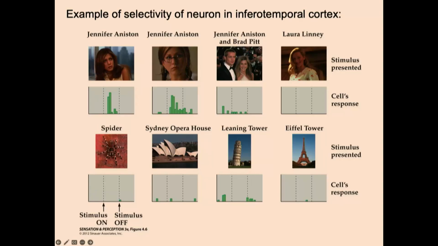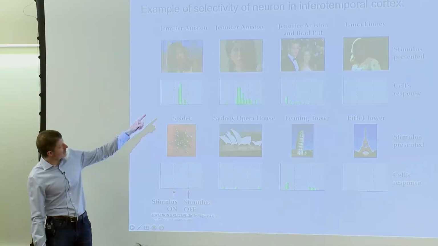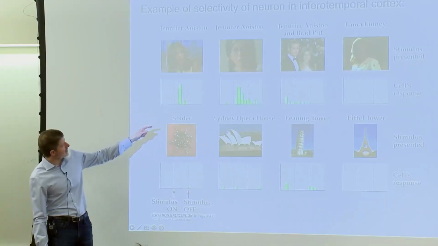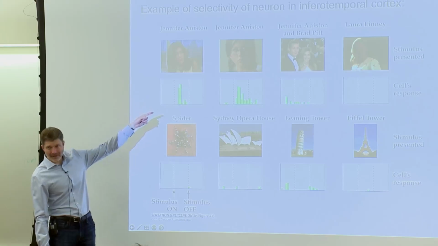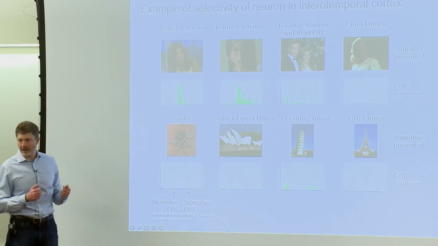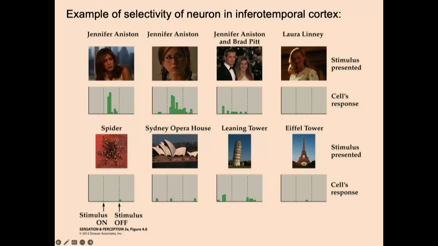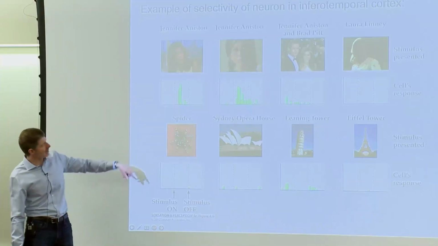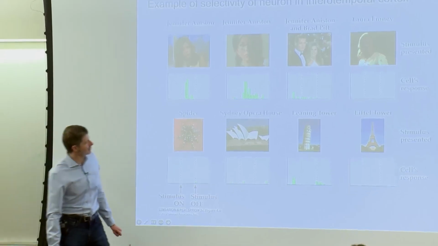You can see that there are these two different images of Jennifer Aniston. They both produce a pretty good sized response. This is non-trivial because if you look at the pixel intensities, they don't really have a whole lot in common, right? Even in abstract terms, there's glasses being worn in one case and not the other. There are just lots of differences. And it doesn't respond to lots of other images. Looks like Brad Pitt decreases the response a little bit.